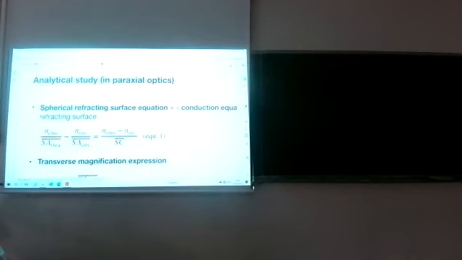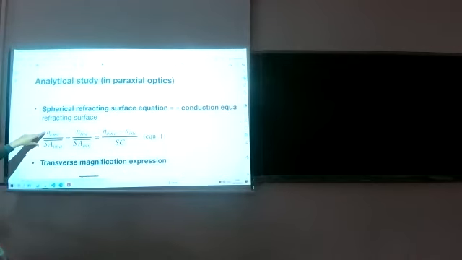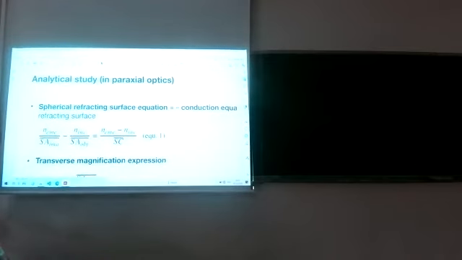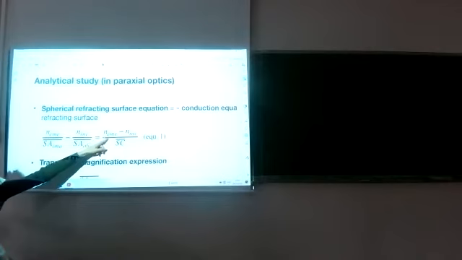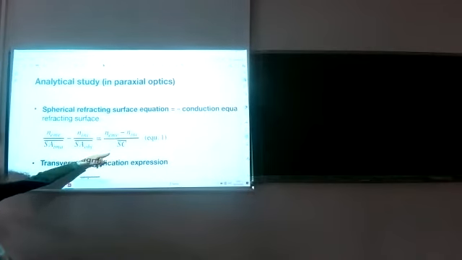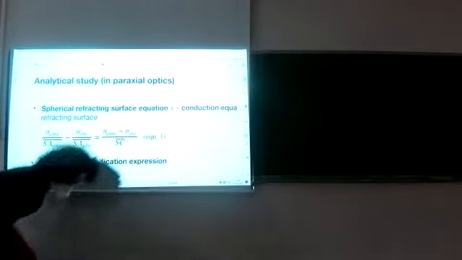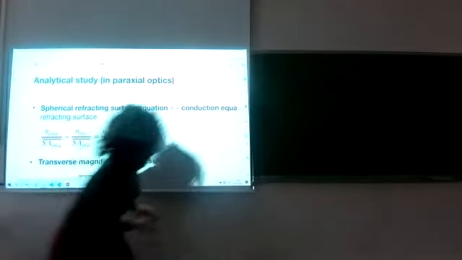Yes, because N emergent and N incident are the same, so we can put an equivalent factor. Exactly, we're on the same medium. N on 1, and why don't we get 0 here? So I agree with that. You get N.